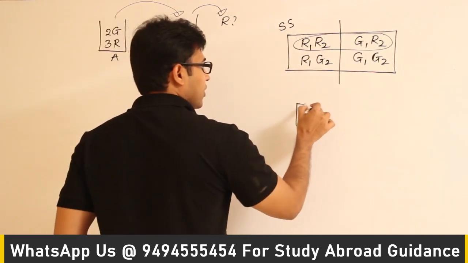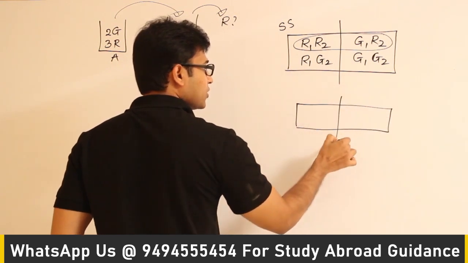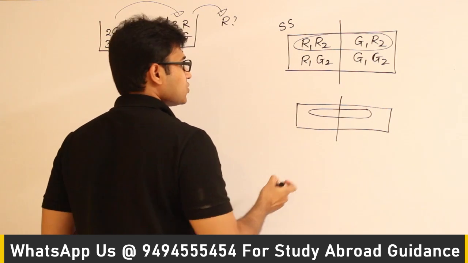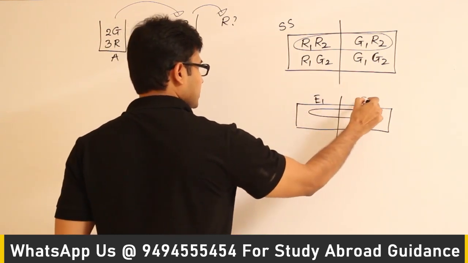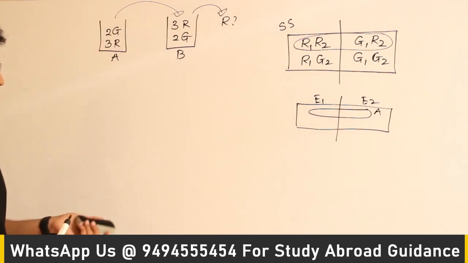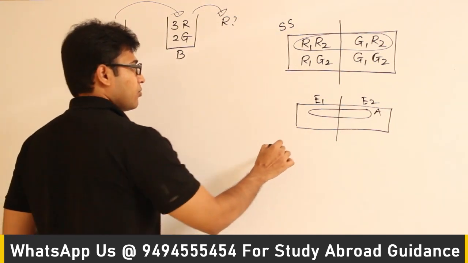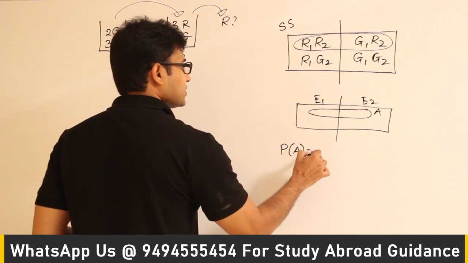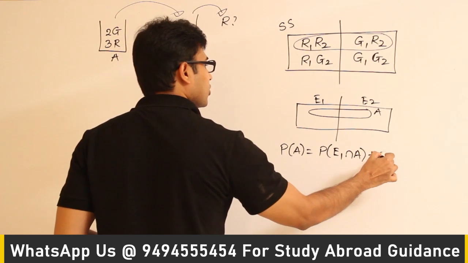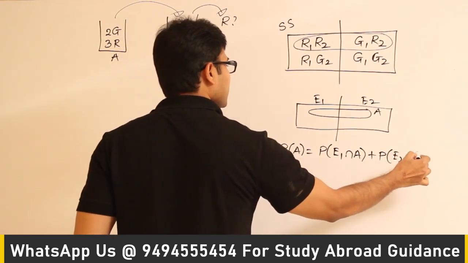We have two events, E1 and E2, and the event that we require is spread across these two events. This is E1, let's say this is E2, and let's say this is A. Earlier with total probability, we have seen that probability of A happening is equal to probability of E1 intersection A plus probability of E2 intersection A.